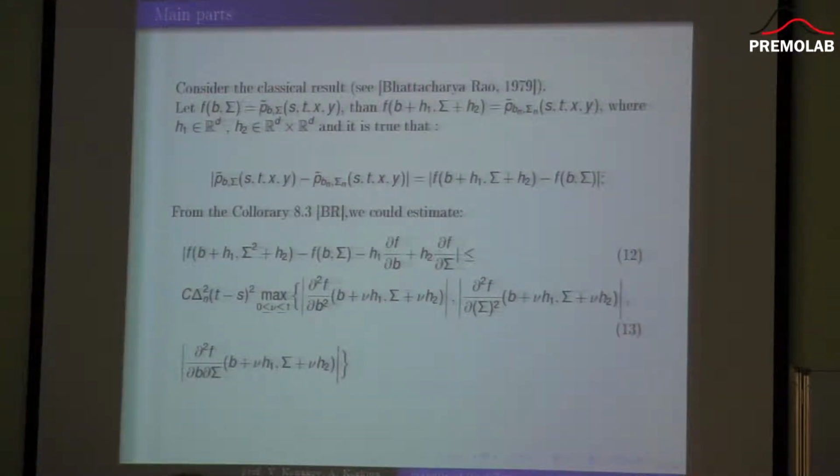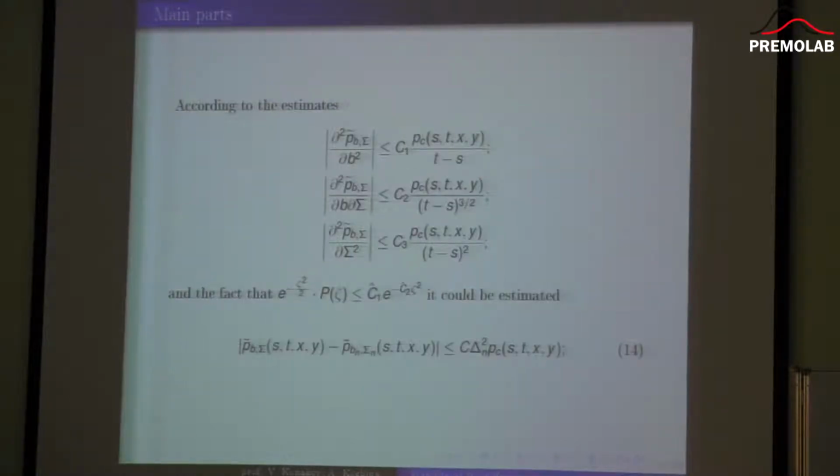What about the difference between main parts? We use just the classical result for estimating the remainder term in this representation, and it could be shown, according to the properties of the Gaussian functions and also according to this estimation for our case, and also with respect to this nice property of the exponent function, that this difference between main parts is less than constant times delta n squared times a Gaussian density.